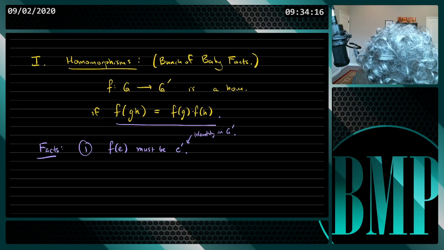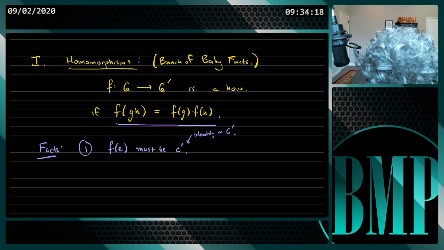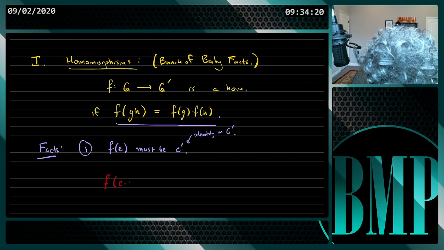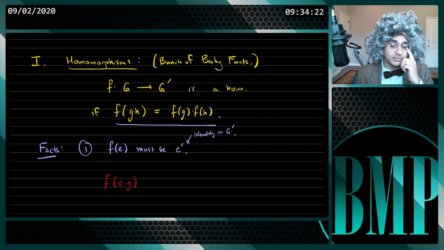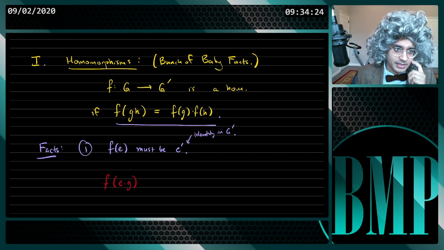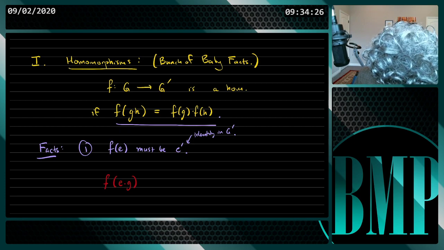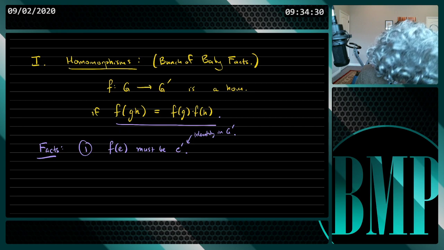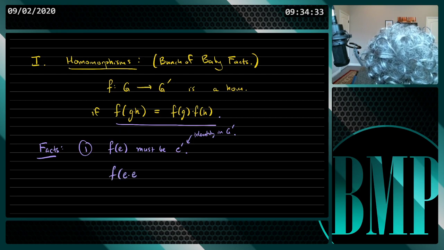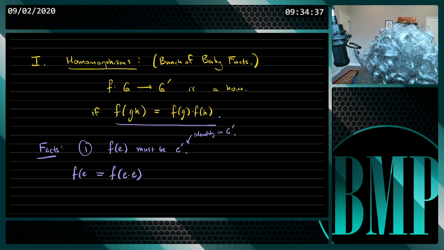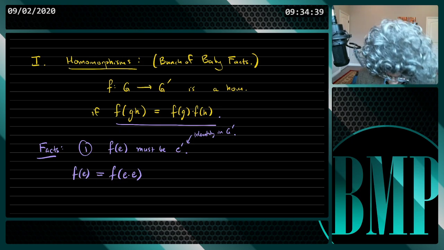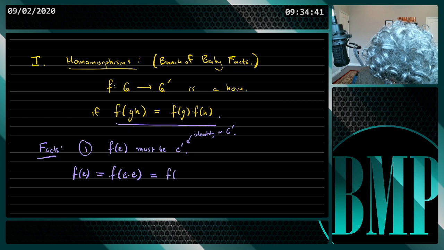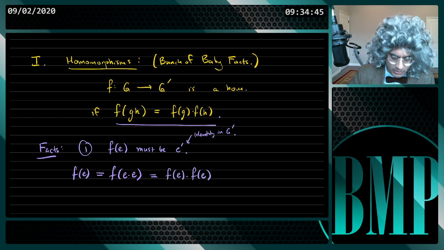Let's just check it. Let's do it elegantly, minimally. Let's do f of E times E. On the one hand it is f of E, because E times E is E. But on the other hand, it's f of E times f of E by group homomorphism.